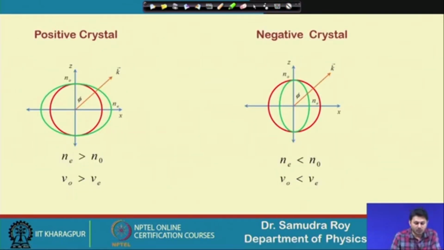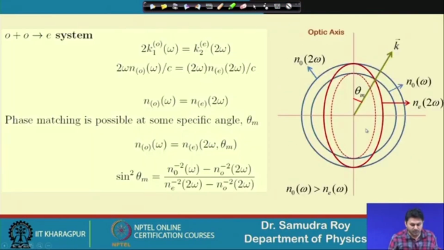In the positive crystal, the velocity of the ordinary wave is greater than the velocity of the extraordinary wave. That means the refractive index of the extraordinary wave is greater than that of the ordinary wave, and in a negative crystal the opposite happens. This is the direction of k in both cases, negative and positive crystal. This is the old slide I am using, because we have already learned this, to recapture what is going on.